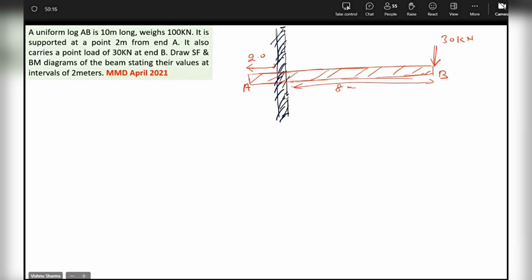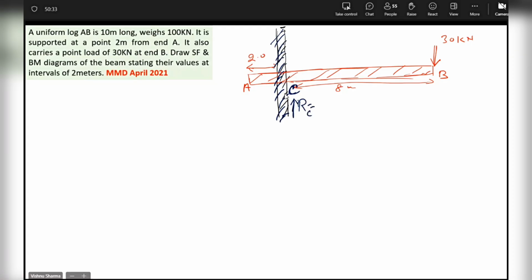So now, what is the weight of the beam on this side? So what is the total reaction? Let us say this is A, let's call this point as C, not the center, it is C. Okay. So what is RC? How much is RC equal to, guys, acting upwards?